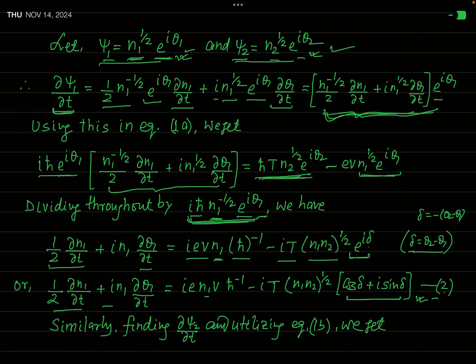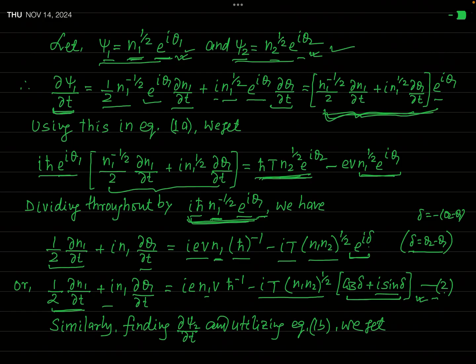In the LHS, the real part is half ∂n1/∂t. And in the RHS, when you multiply the factor iT times root n1 n2 with i sin δ, then i times i is i squared, which is minus 1, and since a minus is already present, that becomes plus 1.